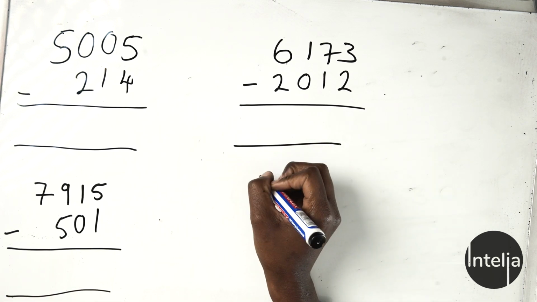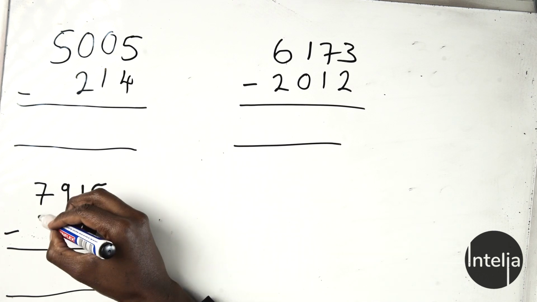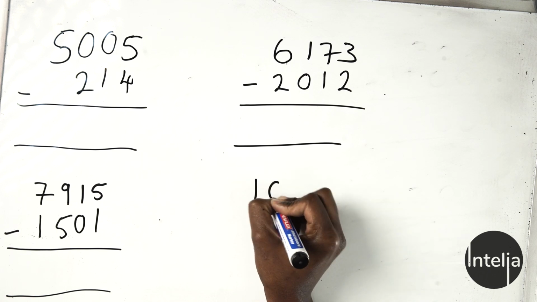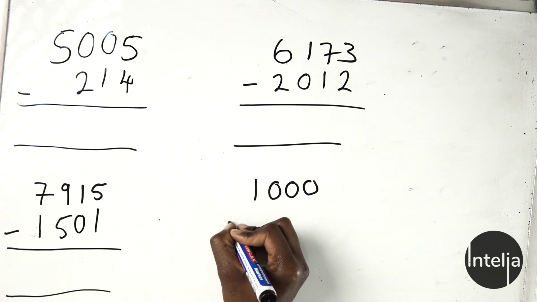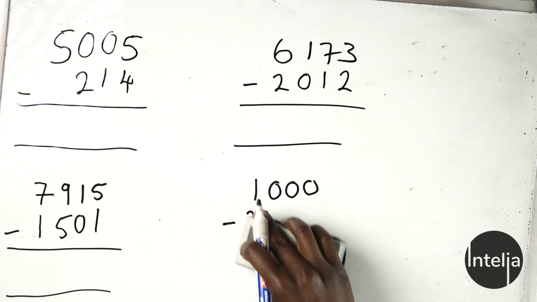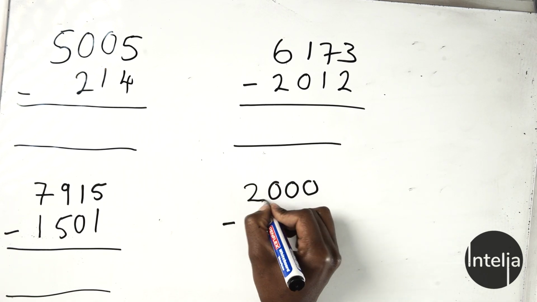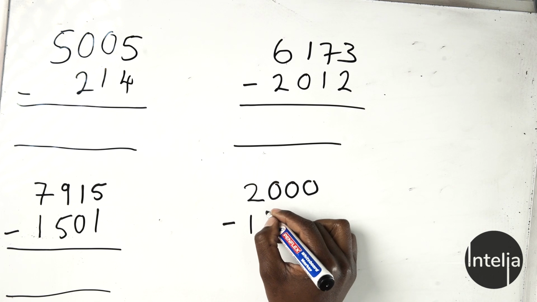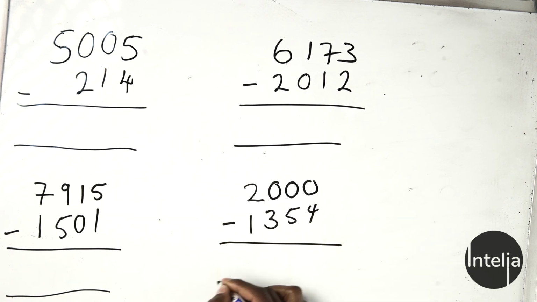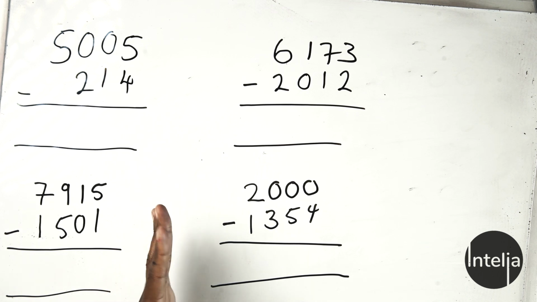And then here we have 1501 and then 1000 minus 2. Sorry, here we have 2000 minus 1354. Like this. So remember, whenever you're doing your addition or subtraction, you always start from the right going to the left.